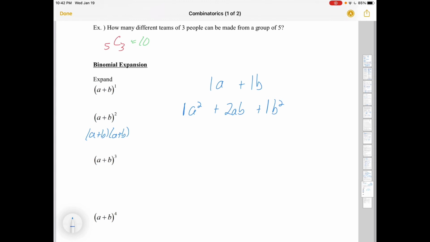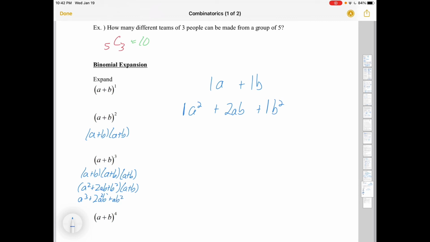A plus b all cubed would be a plus b times a plus b times a plus b. We already asserted that the first two of those would give you a squared plus 2ab plus b squared. And if you multiply this out, it's going to take you a while. But we'll get an a cubed. We'll get 2a squared b, a squared b. We'll get ab squared.